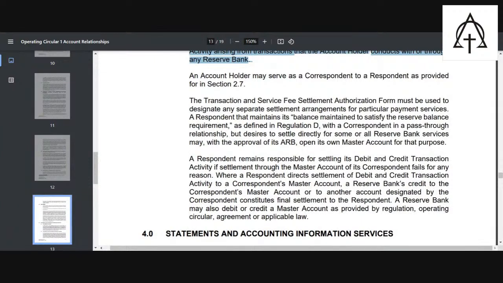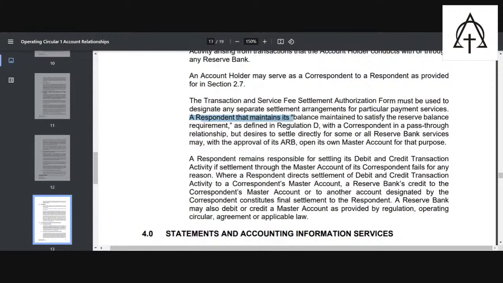The transaction and service fee settlement authorization form must be used to designate any separate settlement arrangements for particular payment services. Particular being specified. In other words, the private payment services.